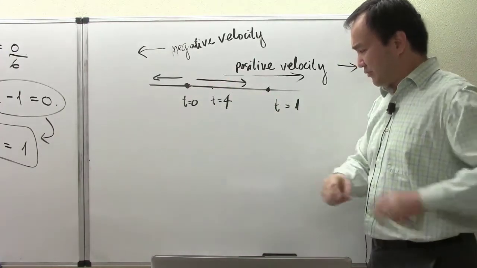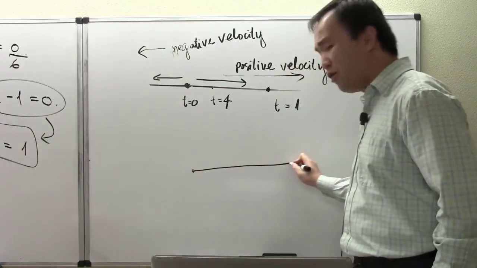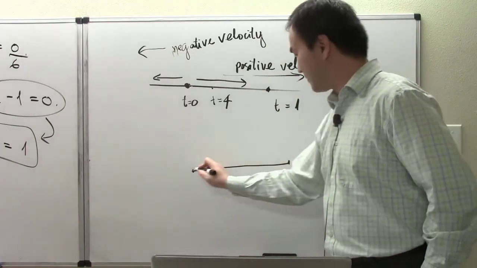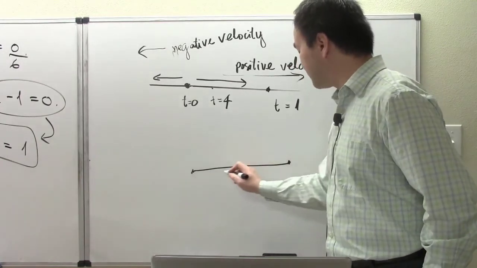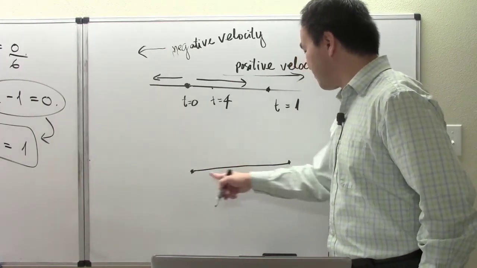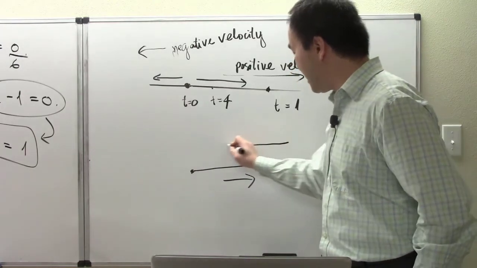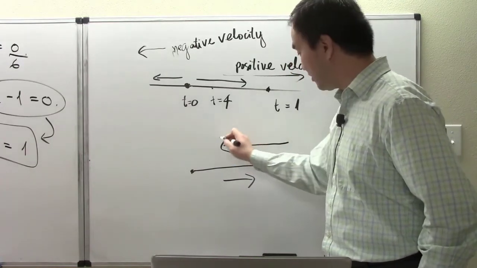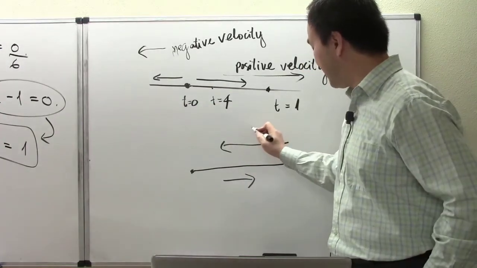Really, for the total distance, you have to count all the distance it traveled out in 1 second, and then from t equals 1, it's heading back some amount of distance. You have to count that distance too. This is real physical distance.